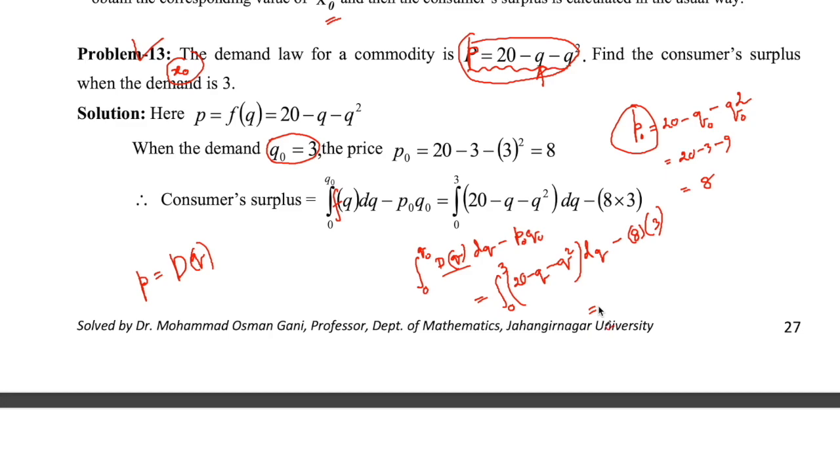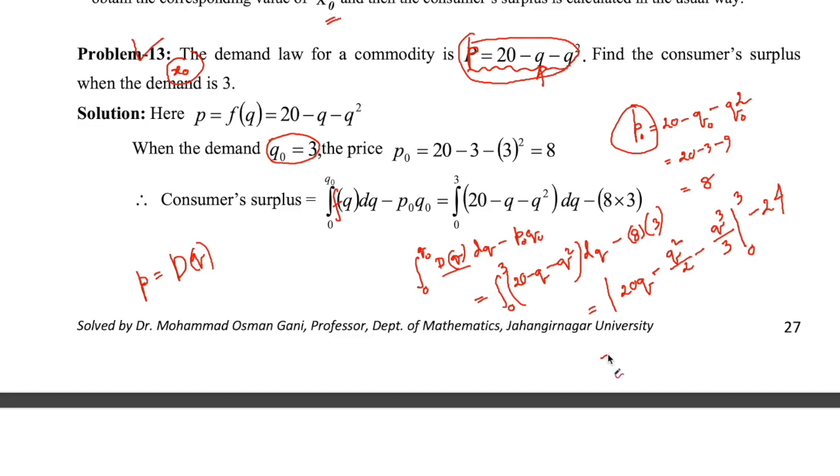And we know the integration of 20 is 20q, minus the integration of q, which is q square by 2, minus the integration of q square, which is q cube by 3, minus 24.